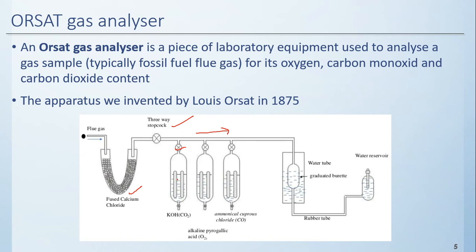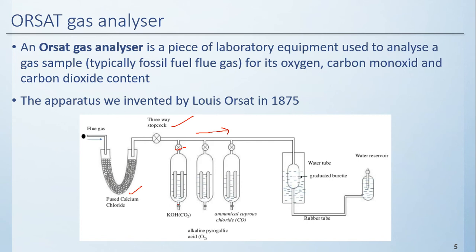The flue gas enters the KOH cylinder, and there the quantity of carbon dioxide in your flue gas is measured. Again, you decrease the position of your water reservoir, so water flows out, and the flue gases move back to your graduated burette.